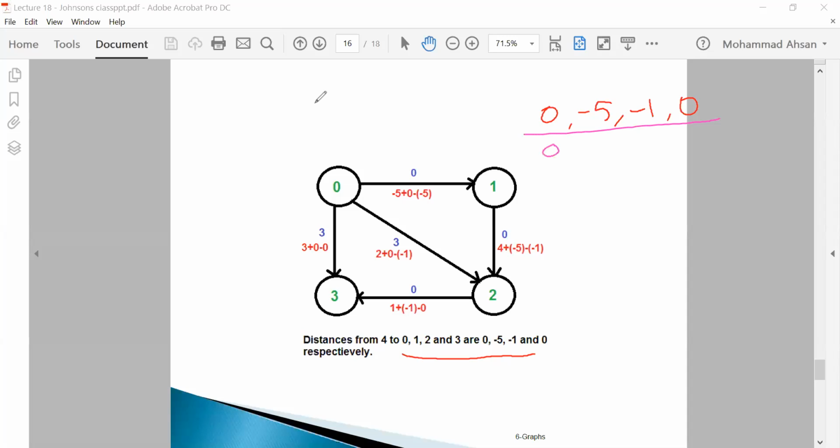This is edge 0, 1, 2, 3. Let's do it for 1 to 2. The weight of the original edge is 4. Then I was doing H1 minus H2, which will be 0.